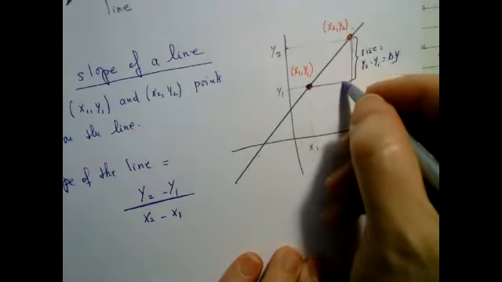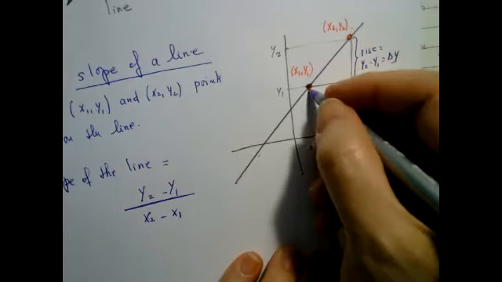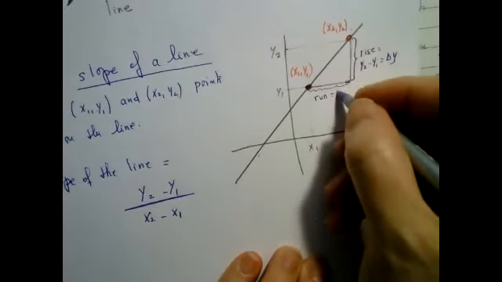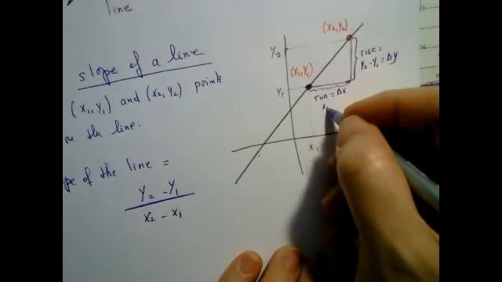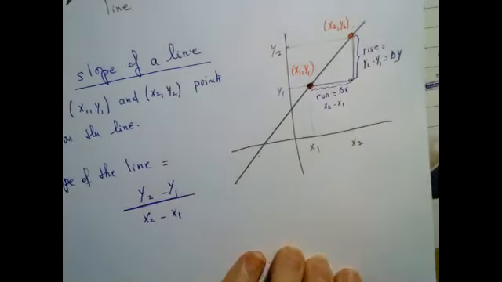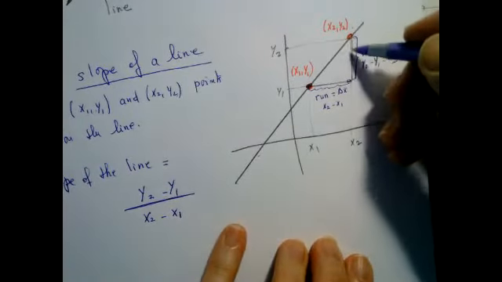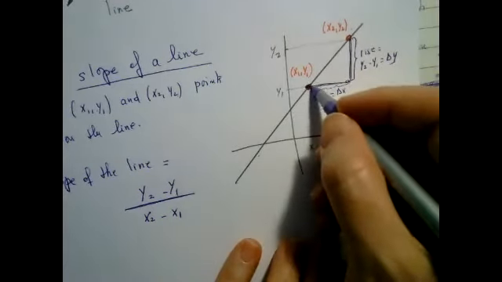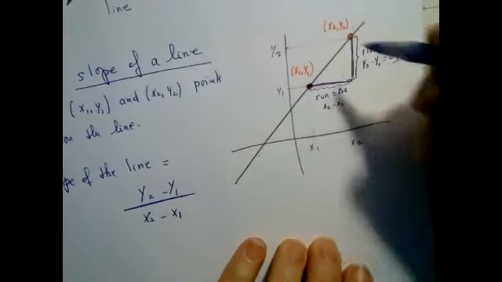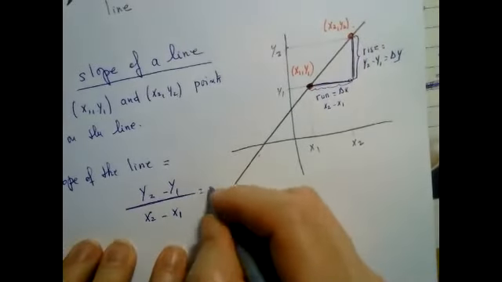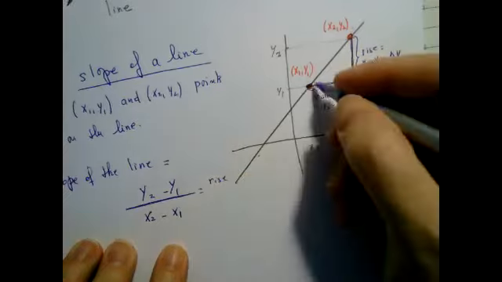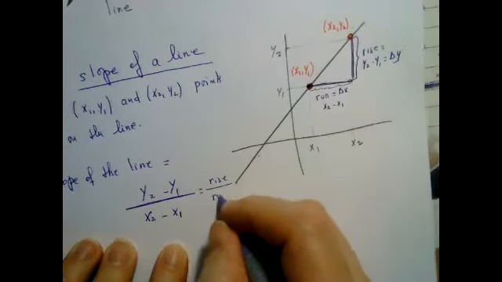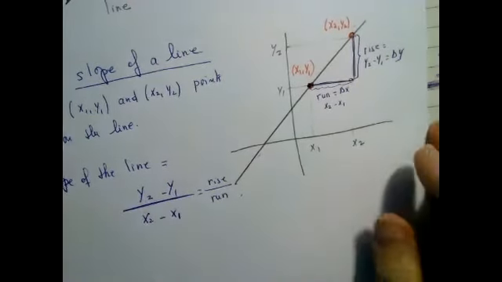And going from x1 to x2, that's what you call the run, or delta x, your x2 minus x1. The slope is the ratio between delta y and delta x, between the rise and the run. How much you rose, divided by how much you moved horizontally. That's really the slope of the line.